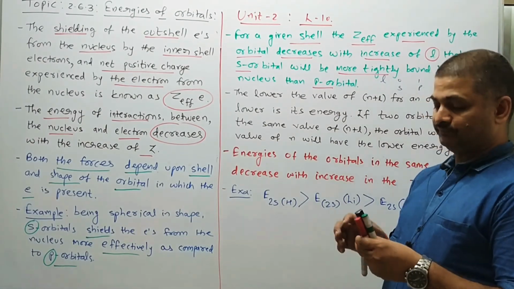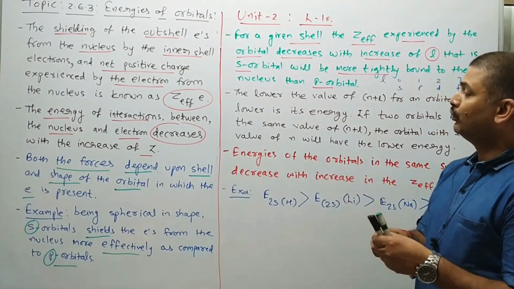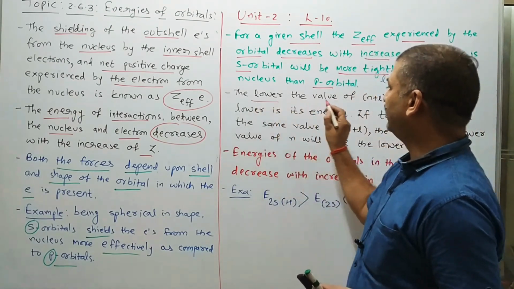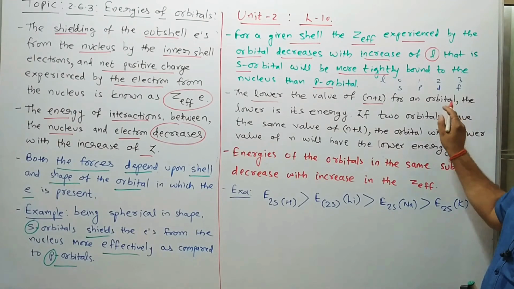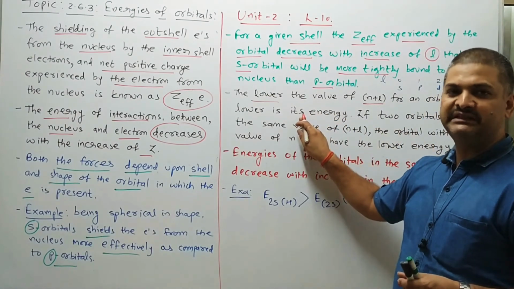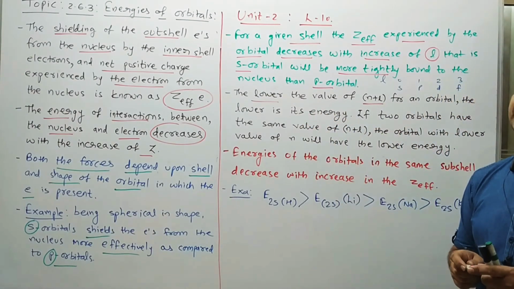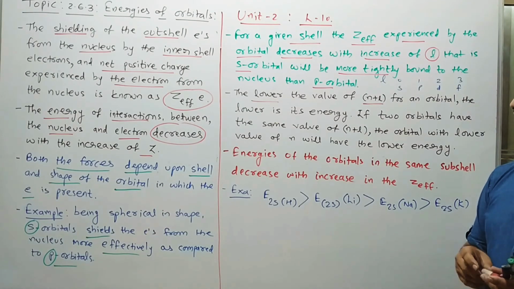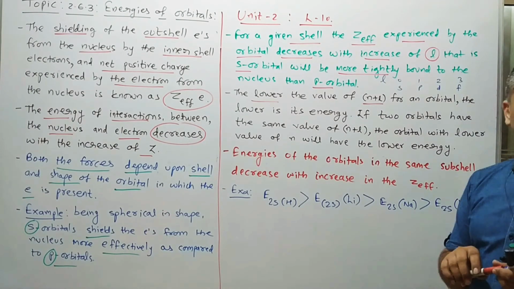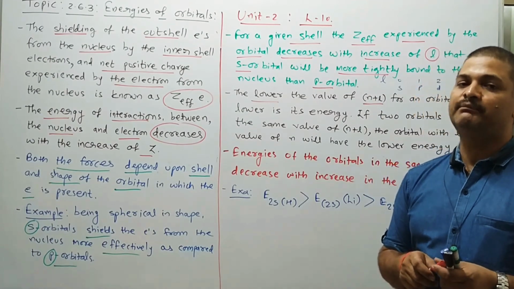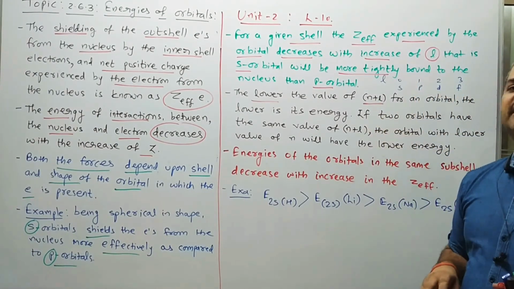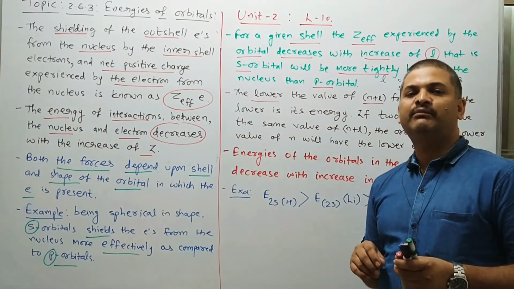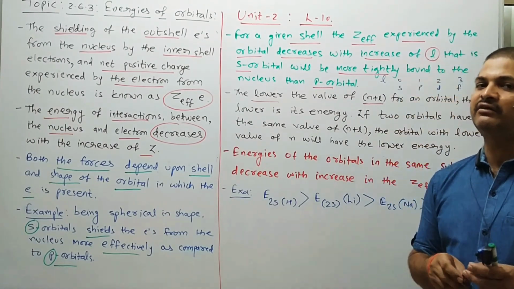Now next one: the lower the value of n plus l for an orbital, the lower is its energy. It means how can we find out the energy of any orbital? The energy of any orbital can be determined with the help of the n plus l rule.